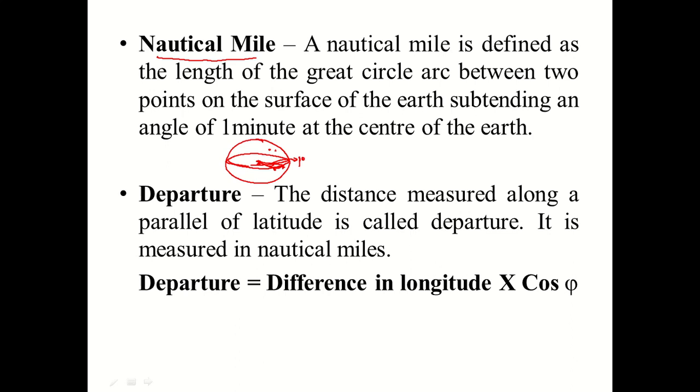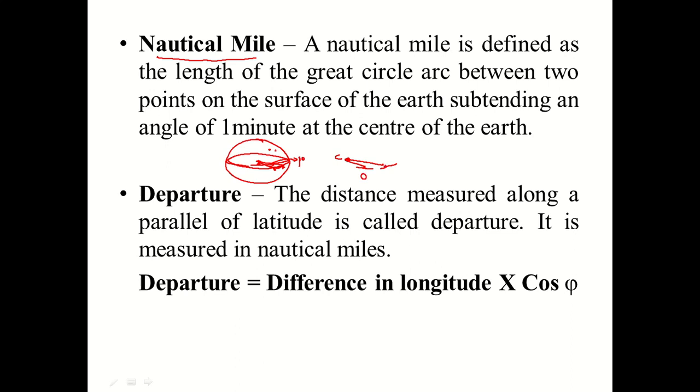So suppose you consider any great circle and the distance between the 2 points, or the radius vectors. This is a great circle, this is the center of earth, and these are two points on the surface of earth.